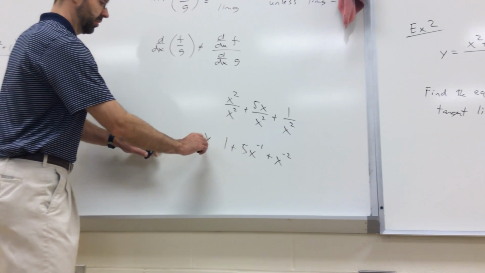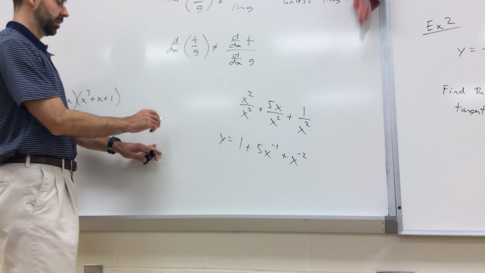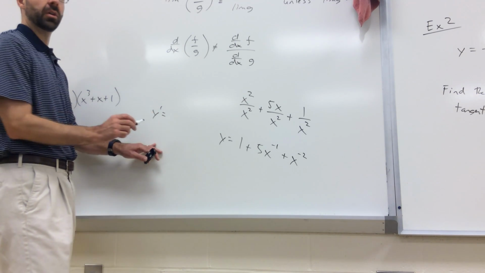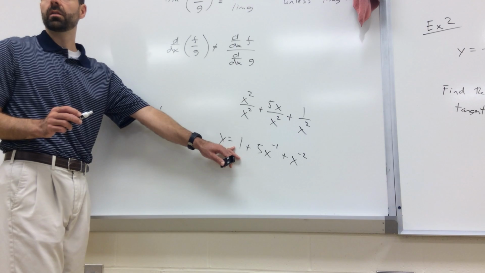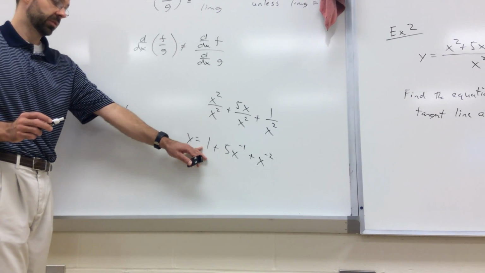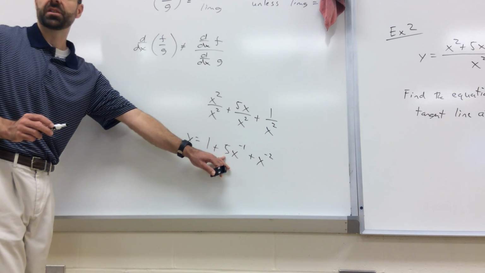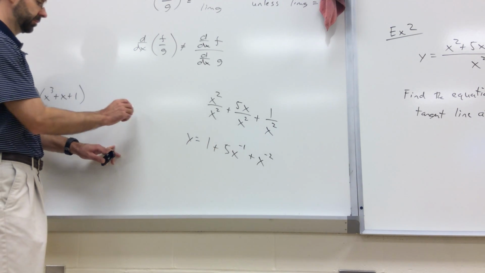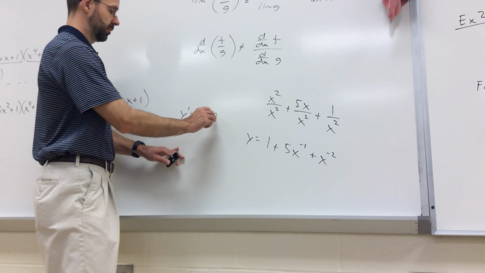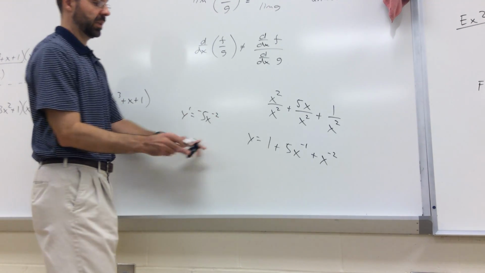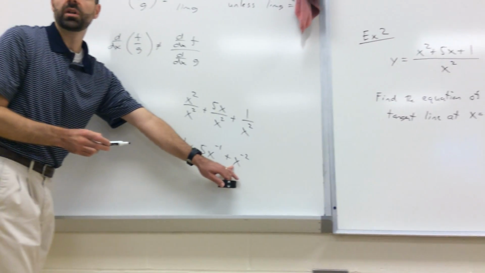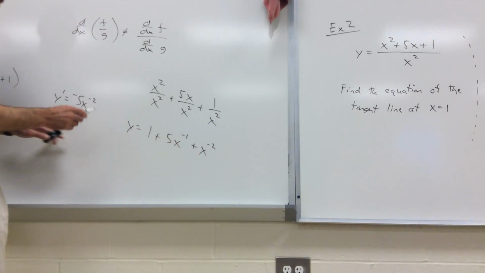So this is the original, right? This is the derivative. What's the derivative of 1? 0. The derivative of this is negative 5x to the negative 2, right? And the derivative of this is negative 2x to the negative 3.